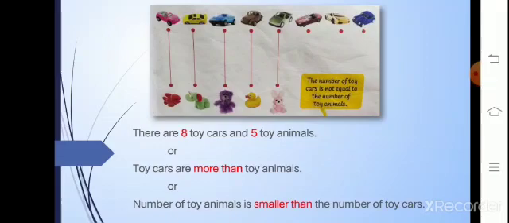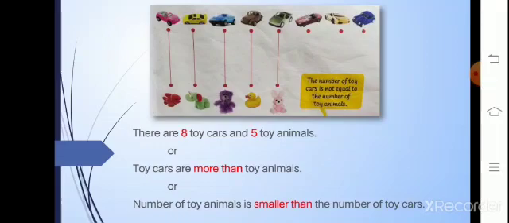Now we compare two numbers, number 8 and number 5. Which number is greater? Yes, of course, 8 is greater. So we can also say that 8 is greater than 5, or we can write this expression as 5 is less than 8.